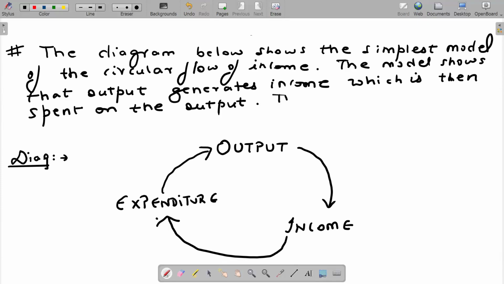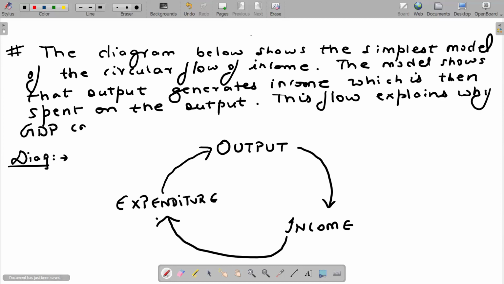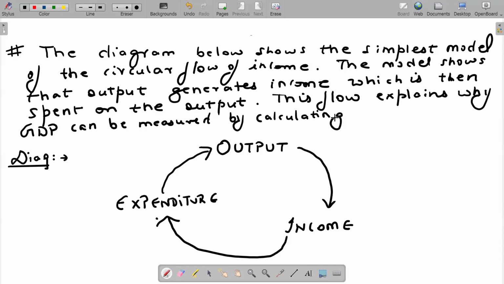This flow explains why GDP can be measured by calculating the country's output, income, and expenditure.